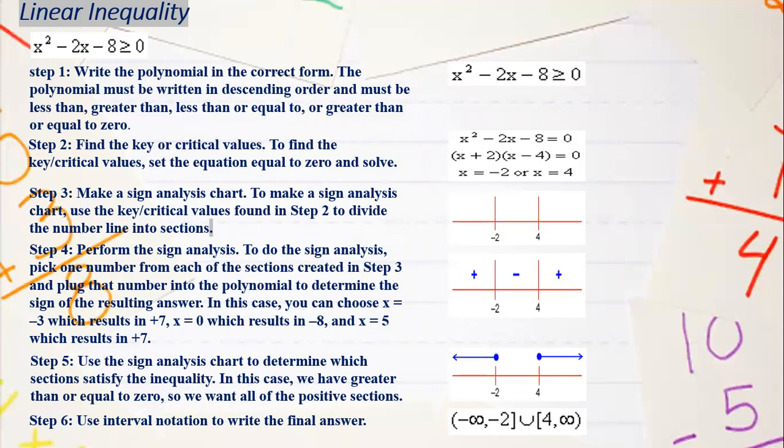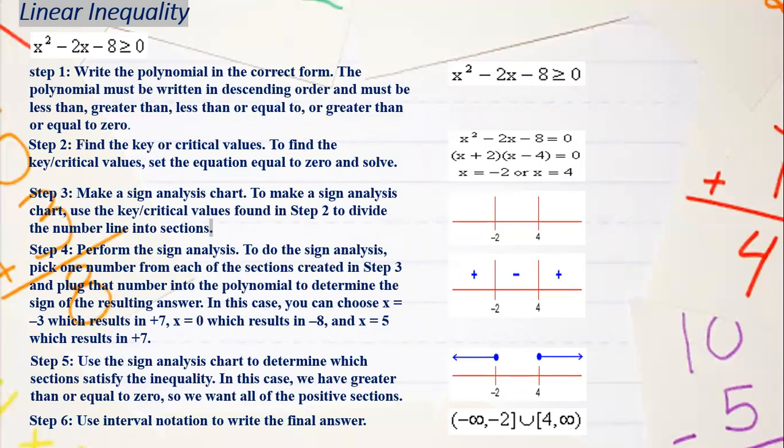So in this case, we can choose x equals -3, which results in +7, x equals 0, which results in -8, and x equals 5, which results in +7. Now step 5 was to use the sign analysis chart to determine which section satisfies the inequality.